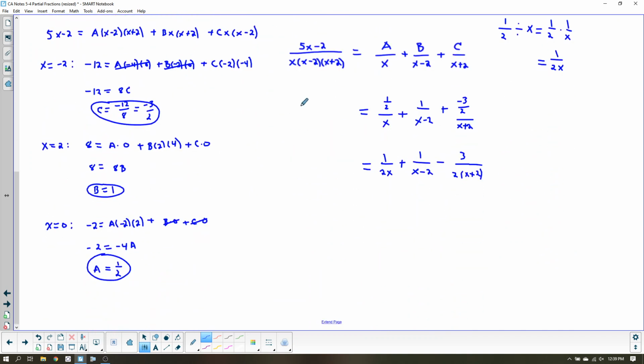So the original problem, which was 2x to the 4th minus 8x squared plus 5x minus 2, all divided by x cubed minus 4x. That decomposition is 2x plus all of this.